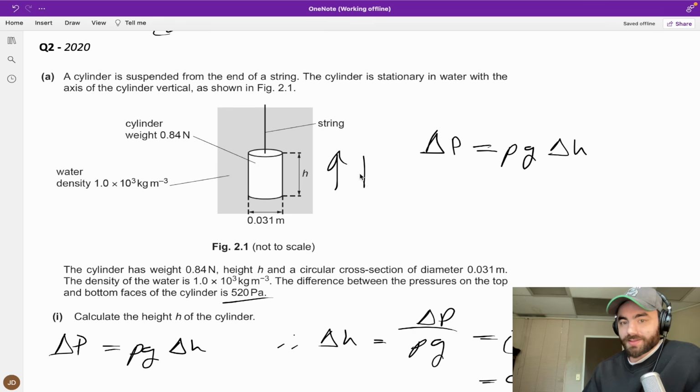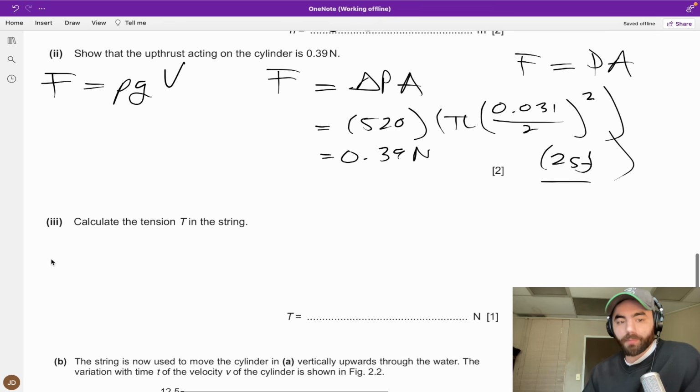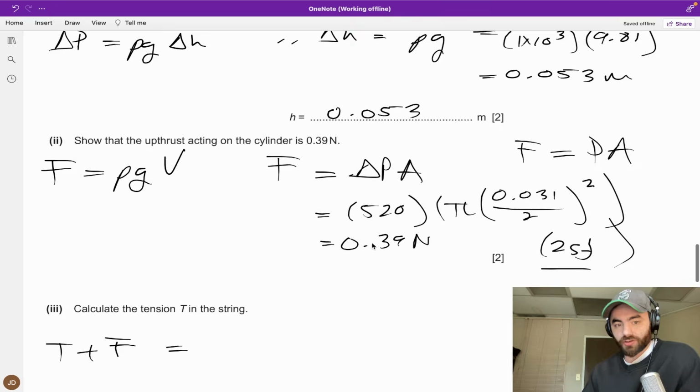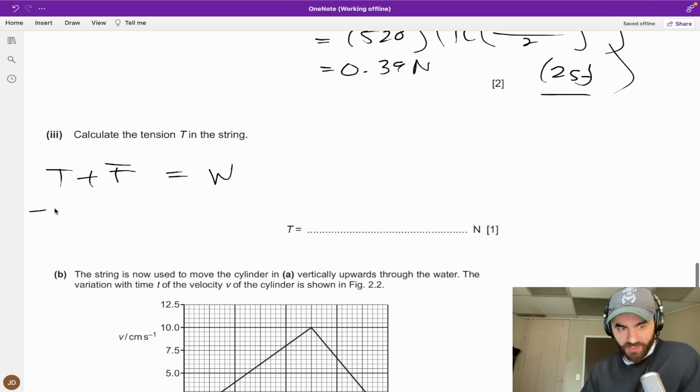We also have the weight, and then we also have this tension in the string. So the tension and the upthrust act up, and that should equal the weight, right? So the up forces equal the down forces because it's at equilibrium when it's stationary, suspended in this water. Okay, so the tension will simply be the weight minus the upthrust.